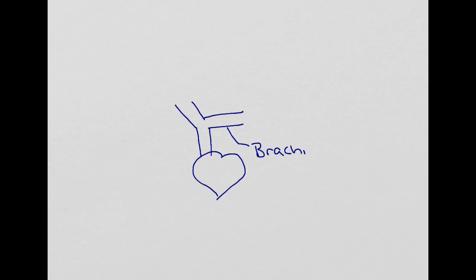So first, let's take a look at all of the veins that drain to the superior vena cava, okay? So we're going to have a heart down here, and here's going to be our superior vena cava. The two veins that unite to form the superior vena cava are the right and left brachiocephalic veins.